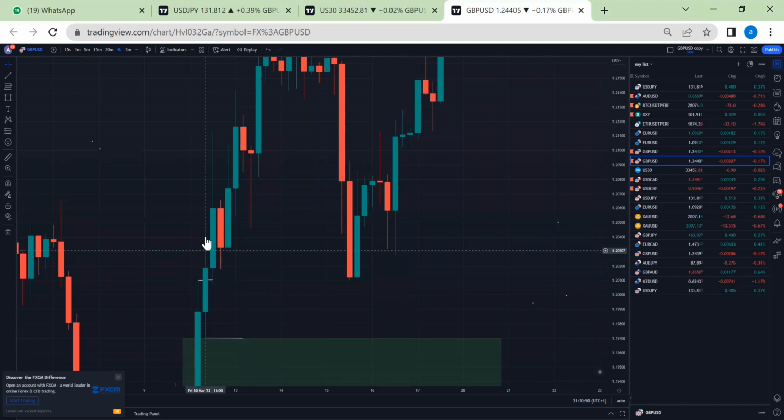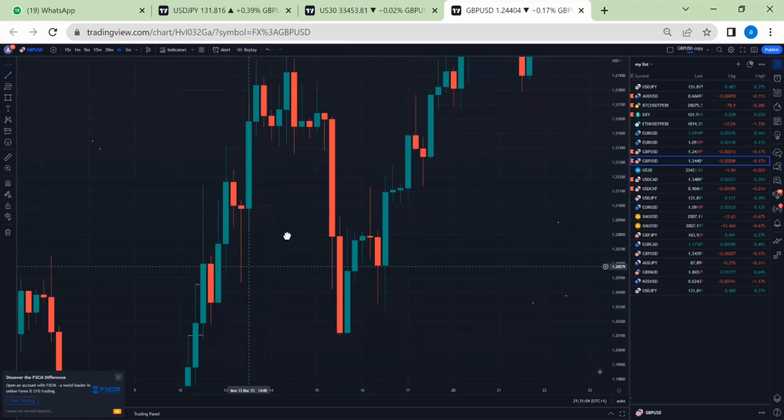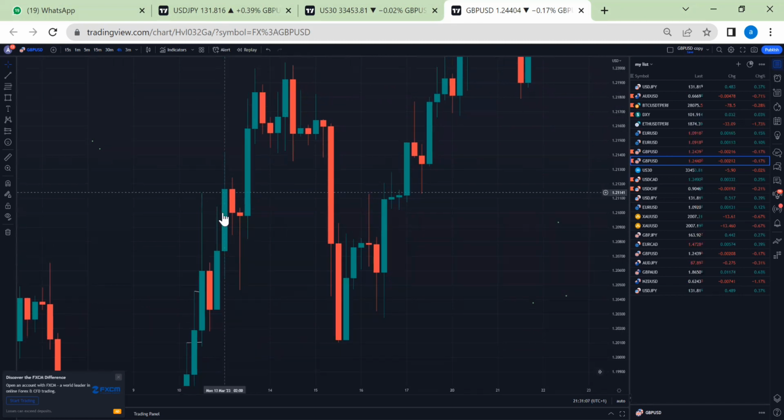And if you go to the next candle, we have sellers up to this level, and the next candle filled it up, so there is no imbalance. Now the next time we had imbalance here also, everything is filled up, no imbalance. The next time we have imbalance is here, all right?